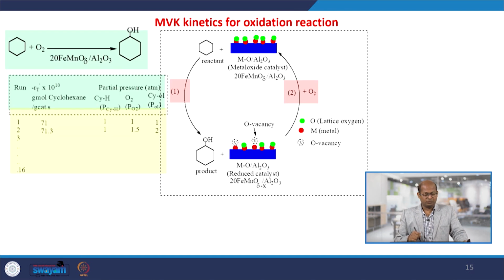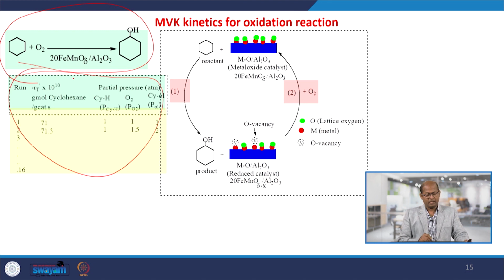Here we get the partial pressures of the individual reactant and product components, and the corresponding rate as well. So, this is run 1, run 2, run 3. Similarly, 20 runs, 30 runs can also be developed for this particular reaction.